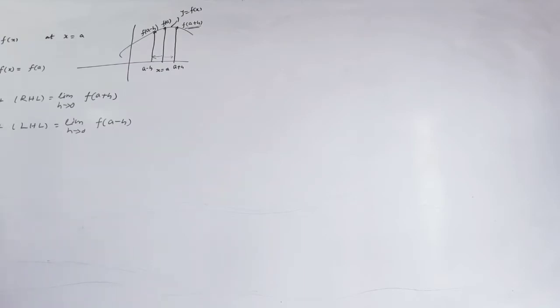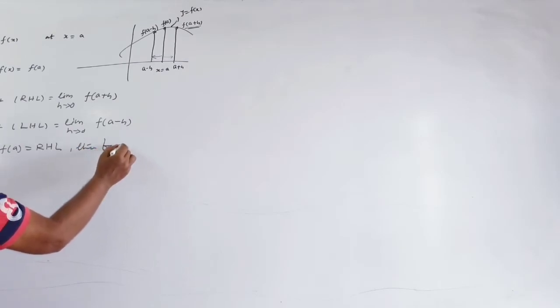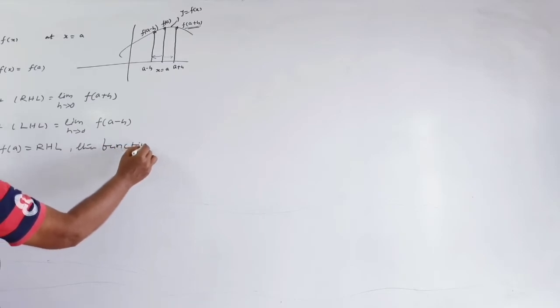Now if the left hand limit equals f of a equals the right hand limit, if this exists, then the function is continuous.